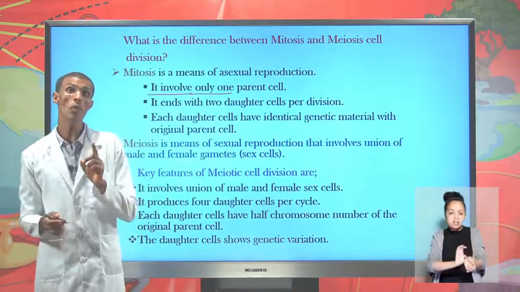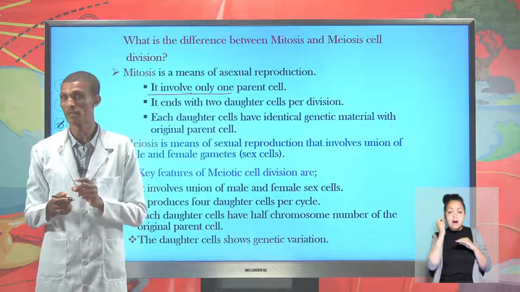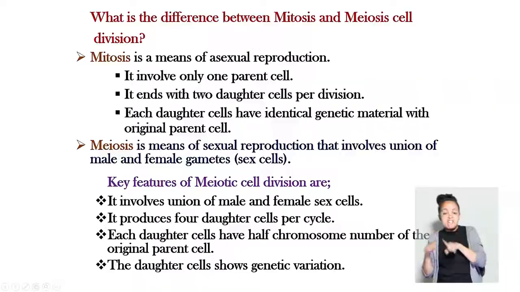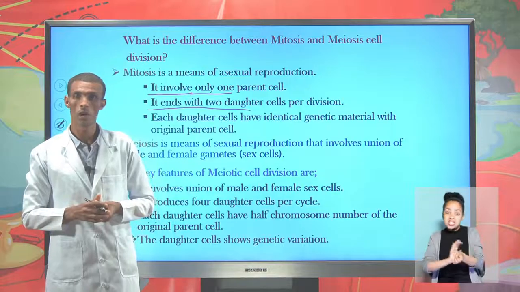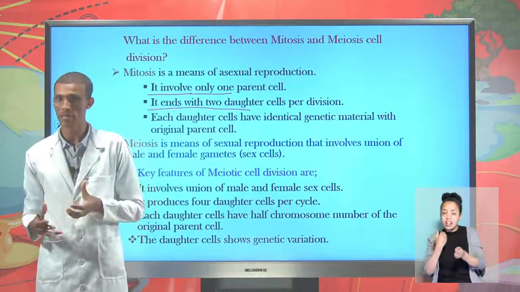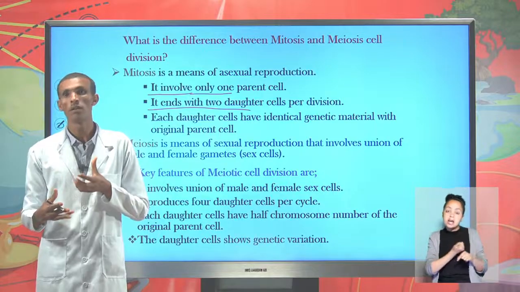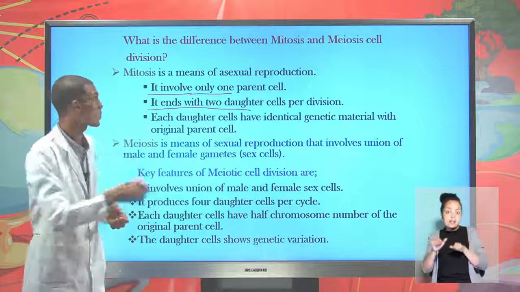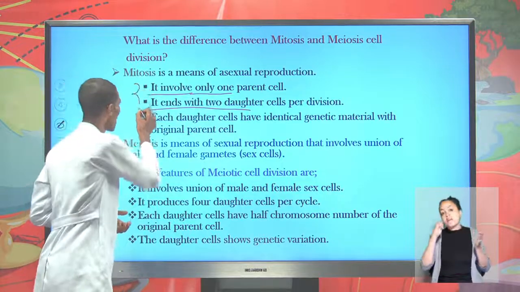The end product of mitotic cell division is 2 daughter cells per division, where each daughter cell has genetic material identical in number to the original parent cell. This is what mitotic cell division means.